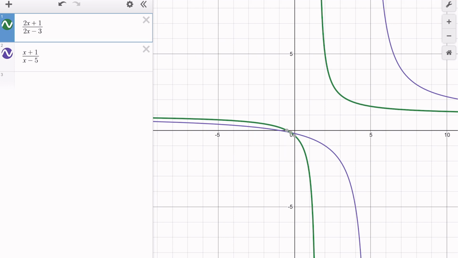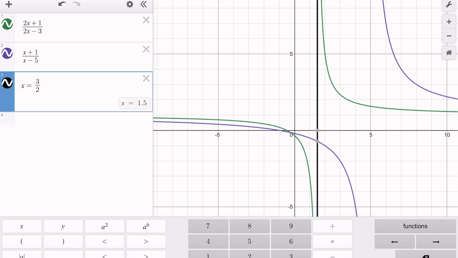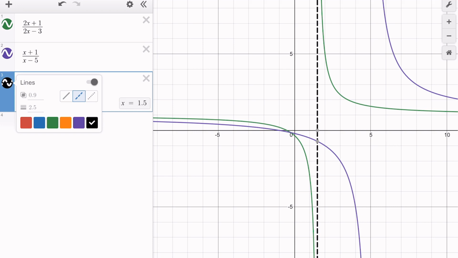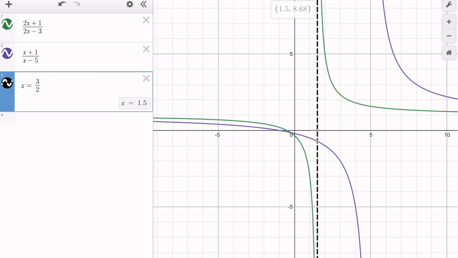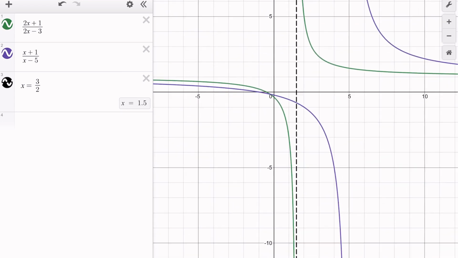And then when else is it greater than? Well, it's also going to be greater than after this asymptote. So from 3/2 up until 5. Okay, so those are the critical numbers.